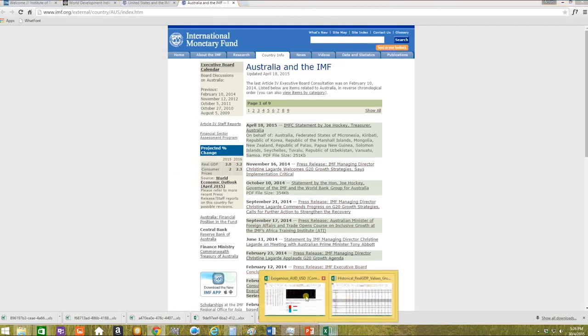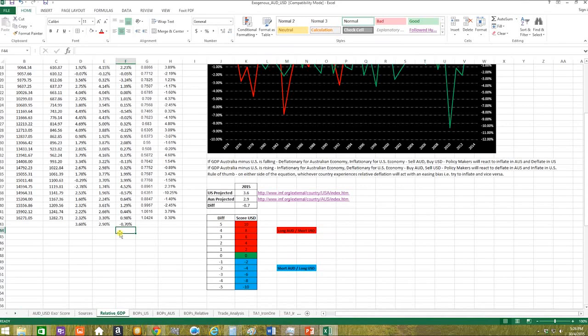So a month and a half ago, US projected was 3.6% and Australia was 2.9%. So the differential was minus 0.7%, because we're doing Australia minus United States.